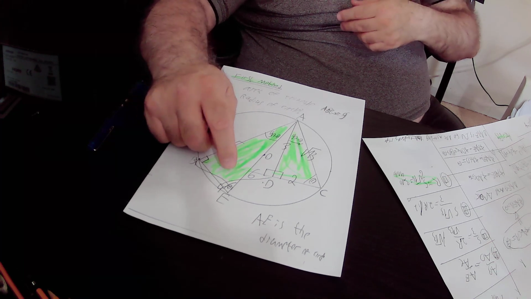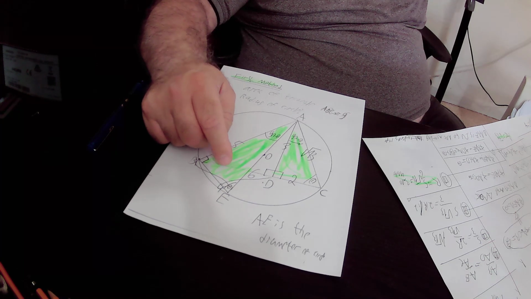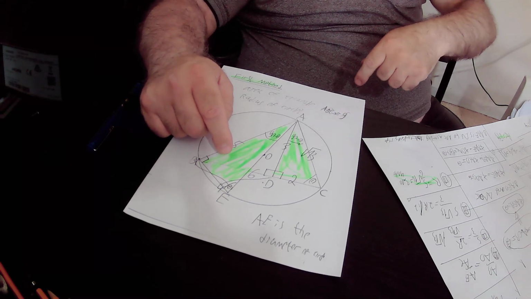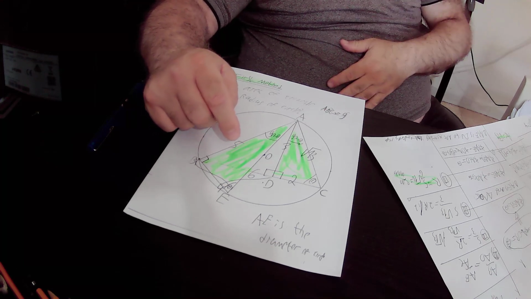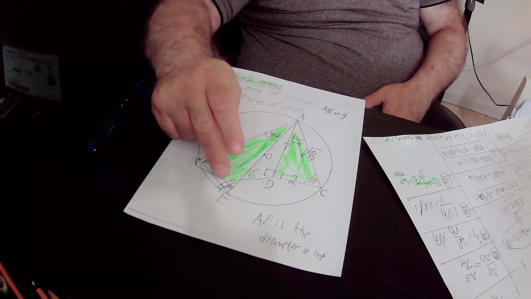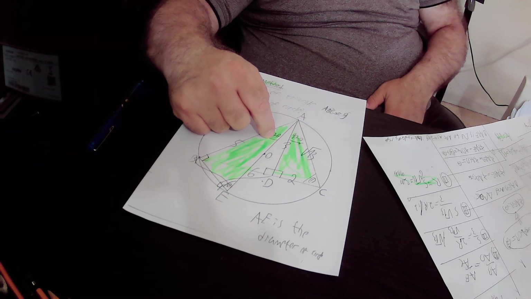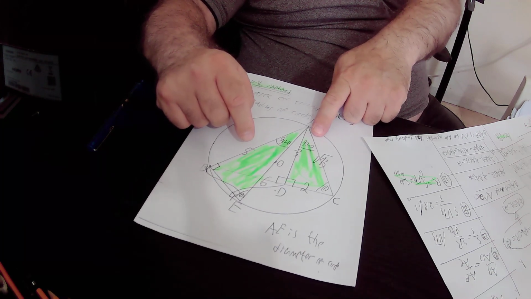So if one angle equals theta, then the other angle also equals theta. Then we prove that the two green triangles are similar to each other. But first of all, because this angle equals 90 degrees and this angle equals theta, this angle must be equal to 90 degrees minus theta. The same thing is true here: this angle must also be equal to 90 degrees minus theta.